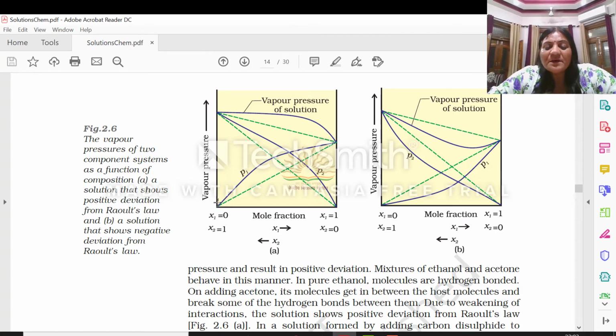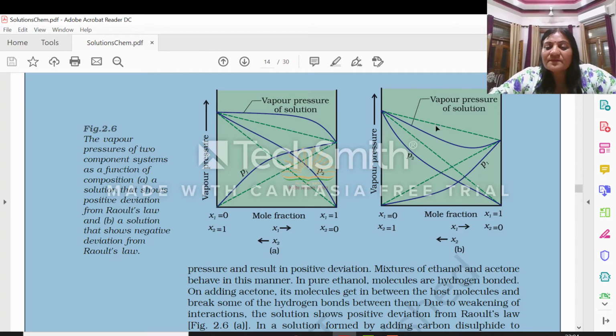Now in the positive deviation from Raoult's law, the vapor pressure of the solution will be more than the Raoult's law value, when the AB interactions are weaker than the AA interaction and BB interaction. And when will be the negative deviation?